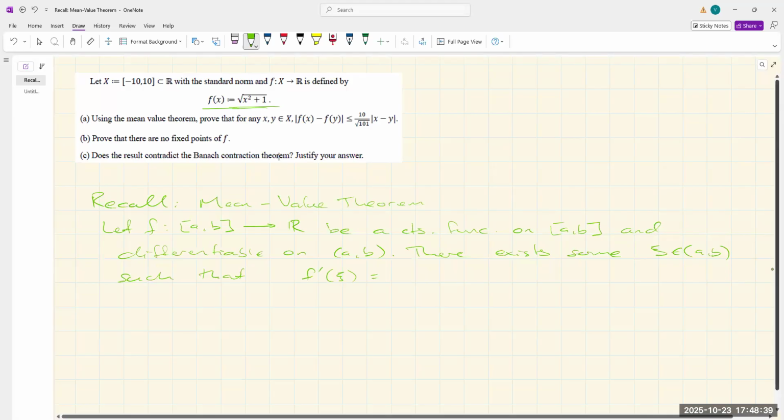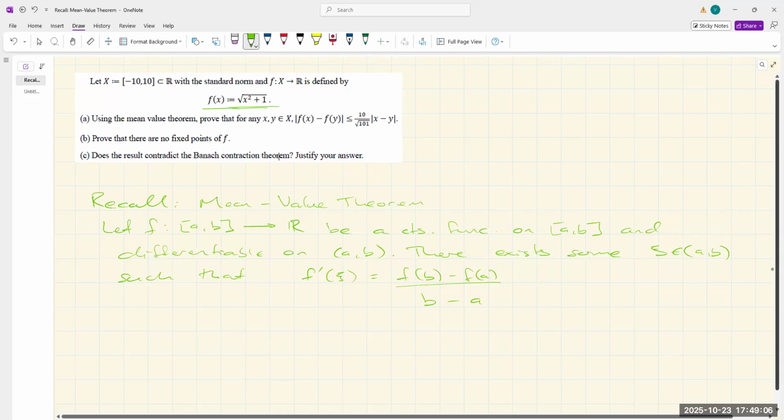So it's like the average of the function, or you could think of it like a gradient. Basically, there's some value xi in between a and b that gives you the gradient of the chord connecting the points a and b. So that gradient is given by f of b minus f of a, the change in y over the change in x value. Okay, so that's the mean value theorem.